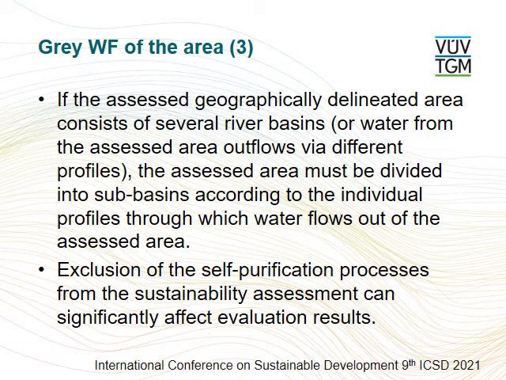Typically, you calculate greywater footprint as a sum of individual greywater footprints, but you neglect the self-purification, and in the closing profile of the catchment, you get a different value of greywater footprint, which is not confirmed by the real quality data in that profile.